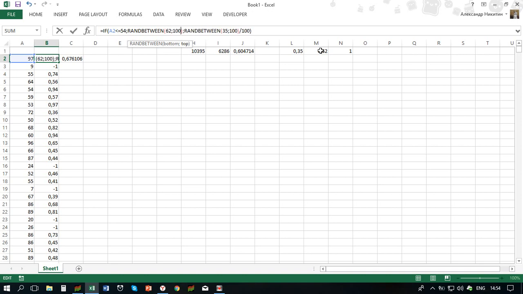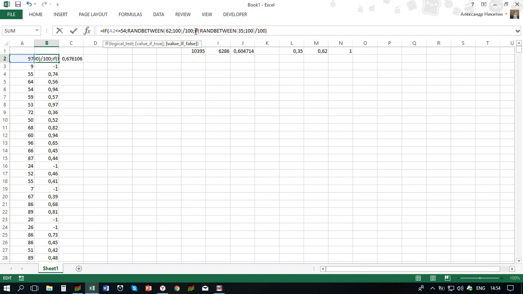So in the majority of cases it will generate something from this range. 62 to 100 divided by 100 equals a float number. Yes, in the majority of cases it will generate this. If it is less than 54. Okay, next, if it is not less than 54, we have two situations. Let's split those situations.